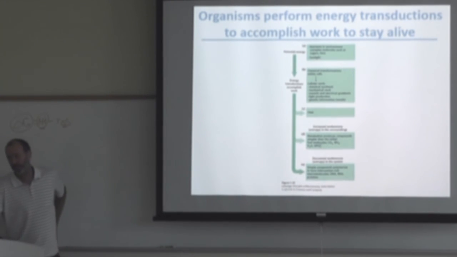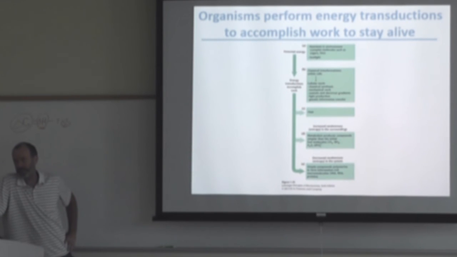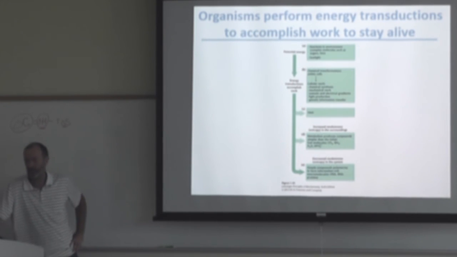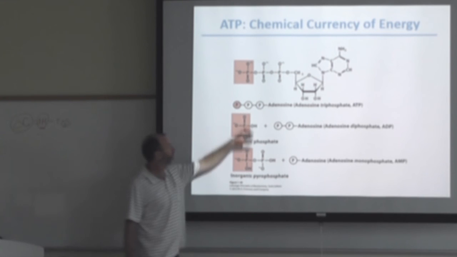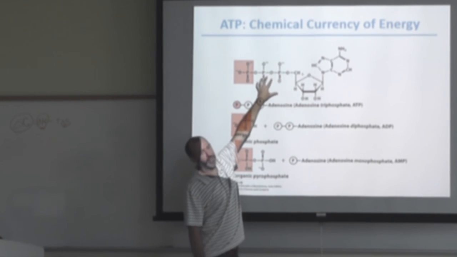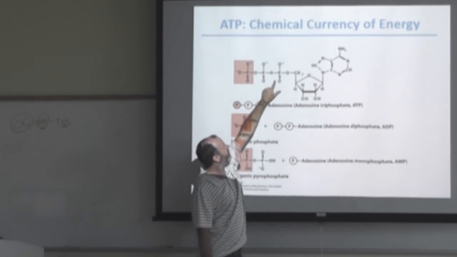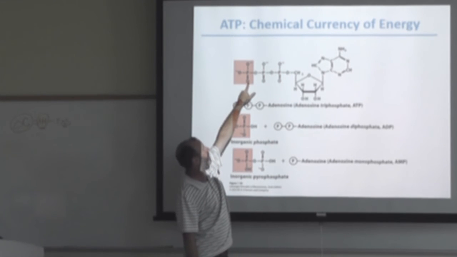So organisms perform energy transductions to accomplish work, and so forth. And we're really running out of time, so I'm trying to work through this. ATP is like the chemical currency in the cell. We know that. If you look at this, this is a high energy molecule with phosphoanhydride bonds.